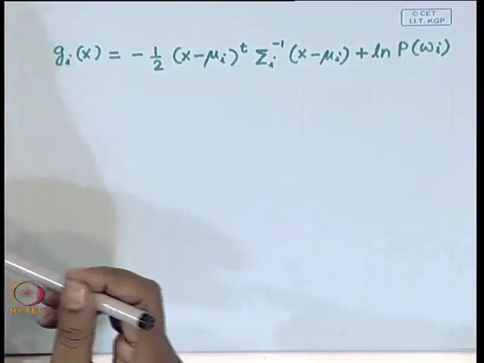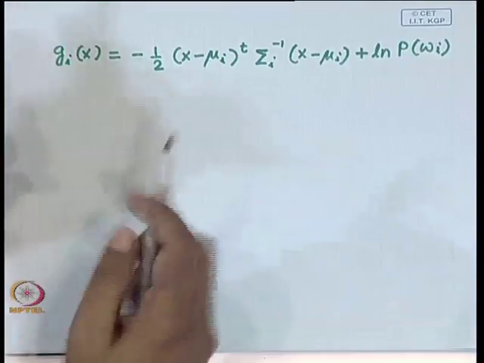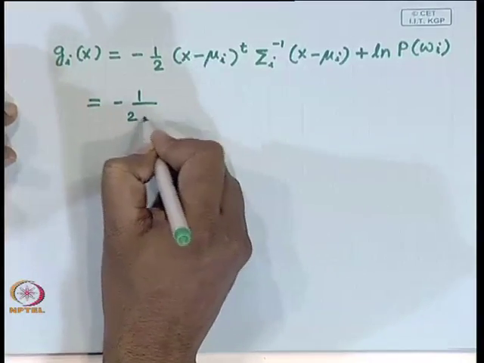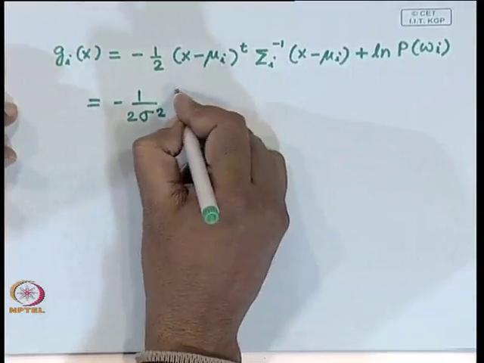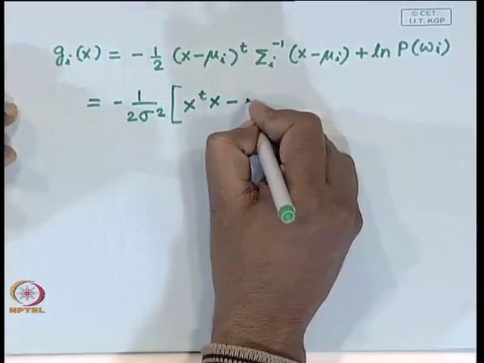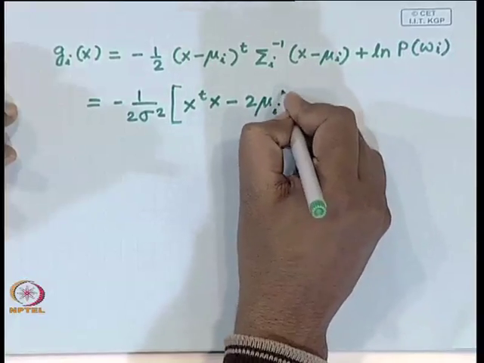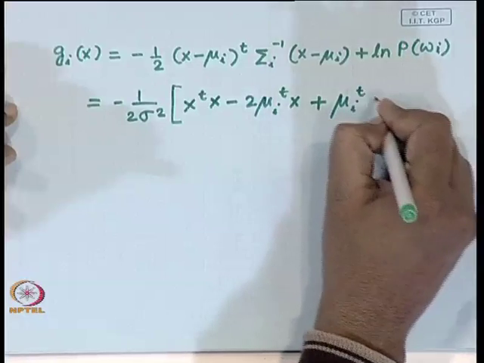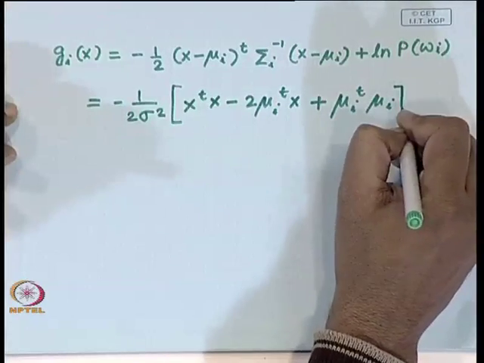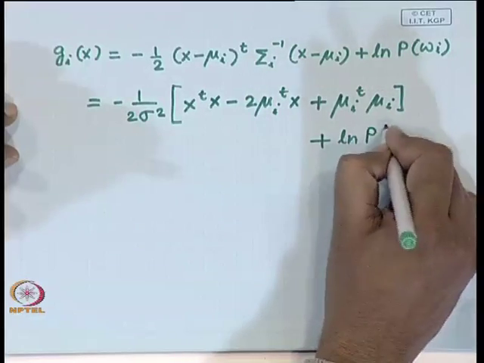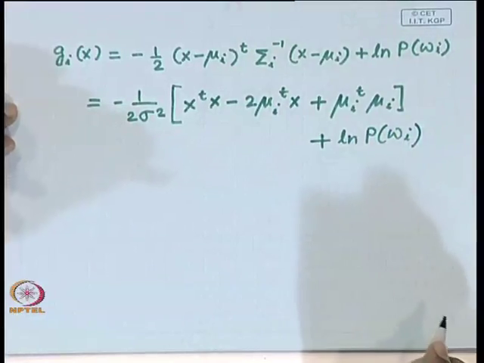So, we have this simplified discriminant function expression when Σ_i is equal to σ² times the identity matrix I. If I expand this term, you find that this expression can be written as minus 1 upon 2σ² into (xᵀx − 2μ_iᵀx + μ_iᵀμ_i) plus log P(ω_i).